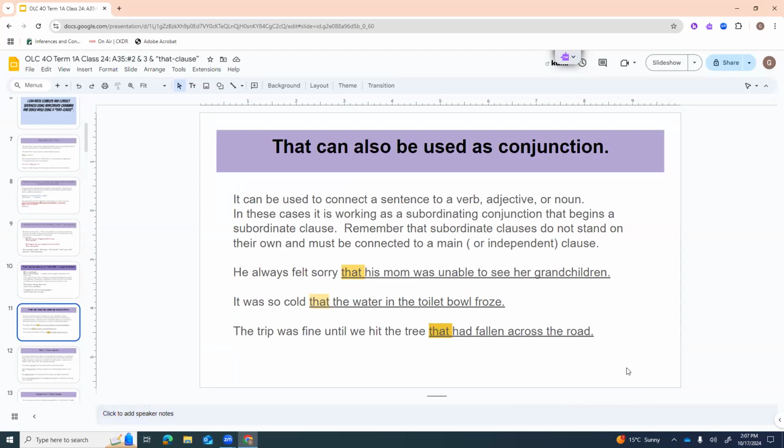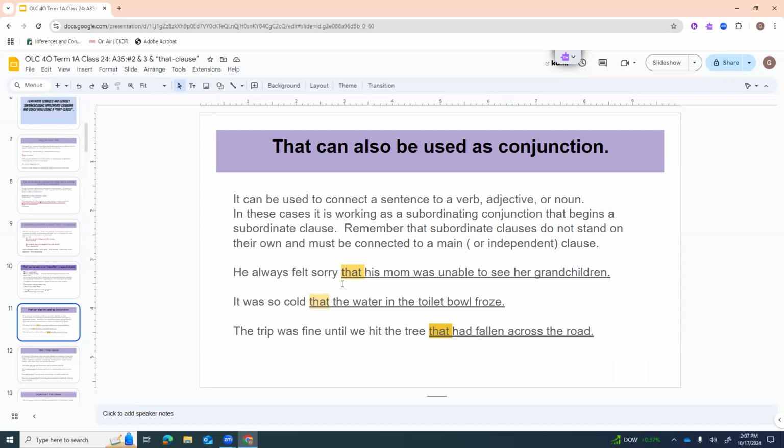Now, the other one, this is one where it's kind of confusing, is it can be used as a bit of a conjunction. It can be connecting a sentence to a verb or an adjective or a noun. And in these cases, it's usually working as a subordinate conjunction that's beginning an entire subordinate clause. Remember that those subordinate clauses do not stand on their own, and they must always be connected to a main or an independent clause.